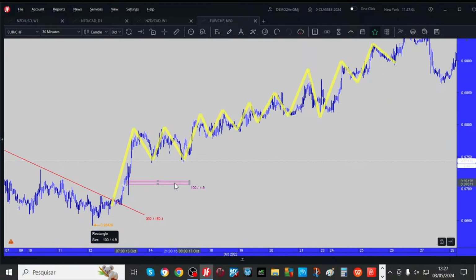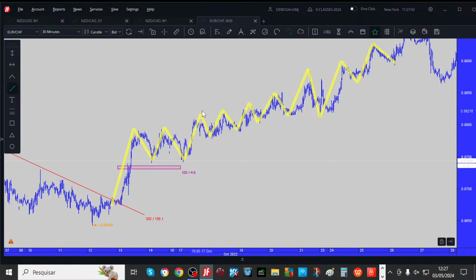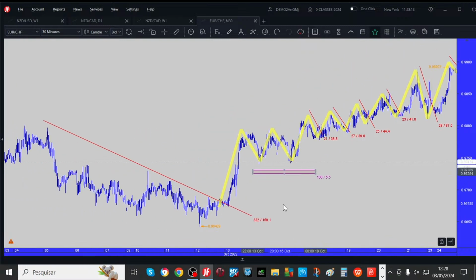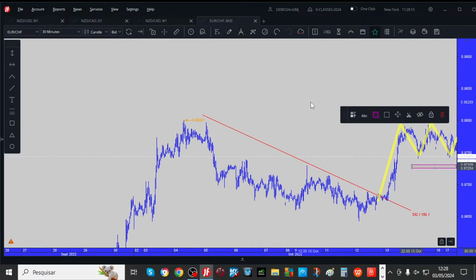Can you see everybody on the 30-minute chart too? As the chart progressed, just an example, if you would enter here, or here, depending on your entry of course, but every single time, let's say you don't see the future, right?